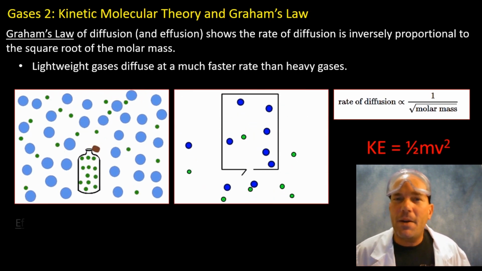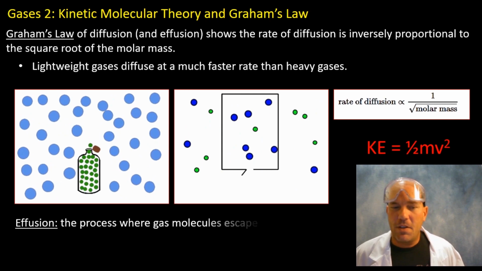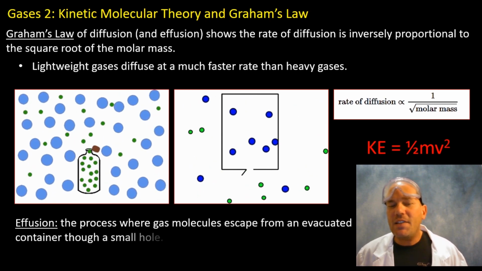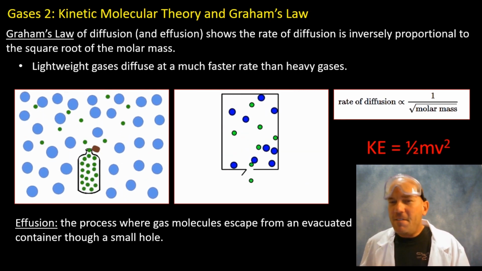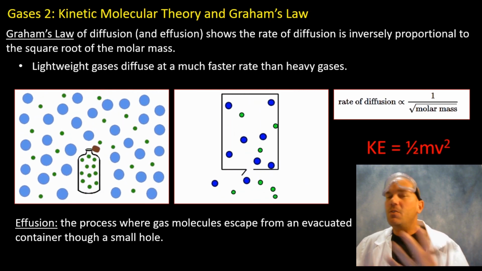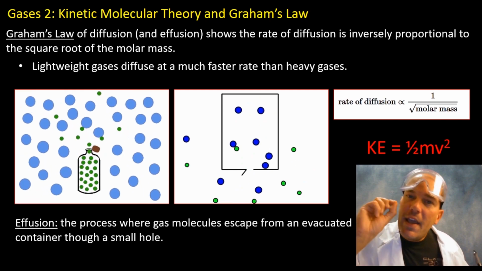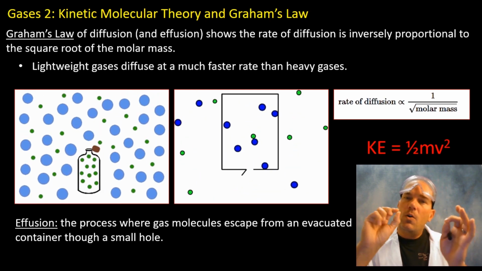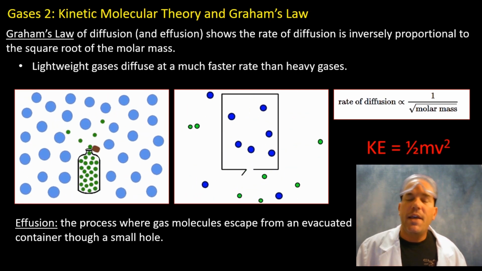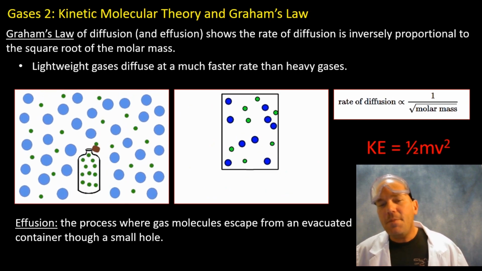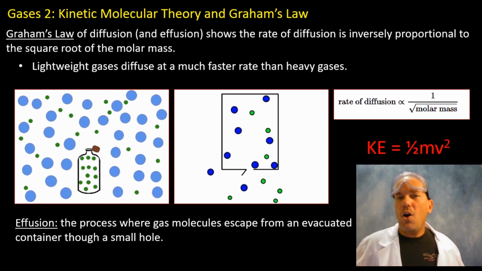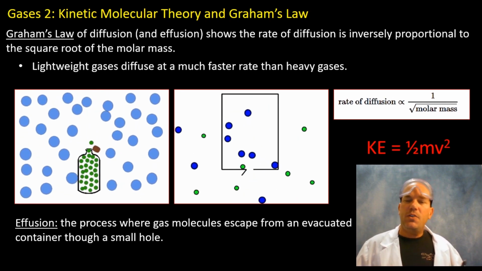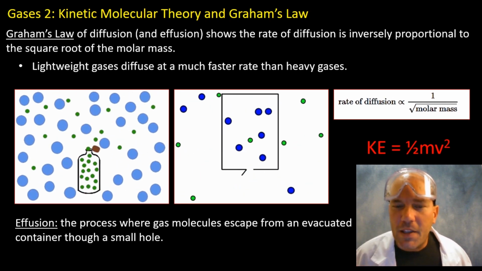Now let's compare that to effusion. Effusion is the process where gas molecules escape from a previously evacuated vessel or container through a small hole or a small pore. And in the animation on the right, you can see when the hole is open, the molecules escape through that small hole.